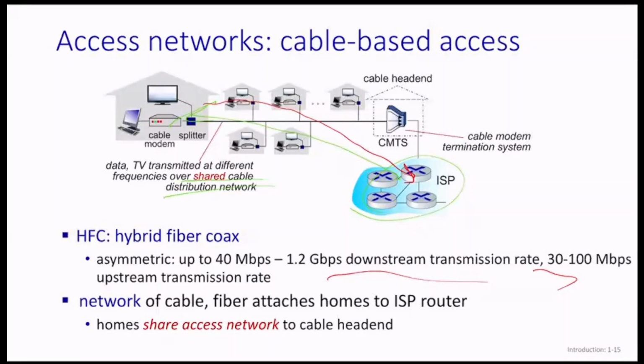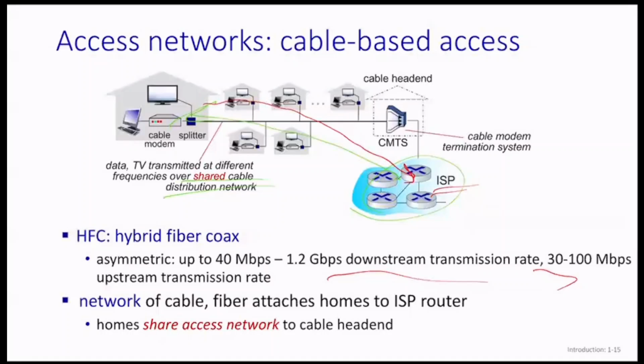It is easy to think about that. The reason is that traditionally, most of the time, we just want to download some files or videos. And for this home access network, the network includes some cables and fibers attached to that home to connect to the ISP, the Internet Service Provider.